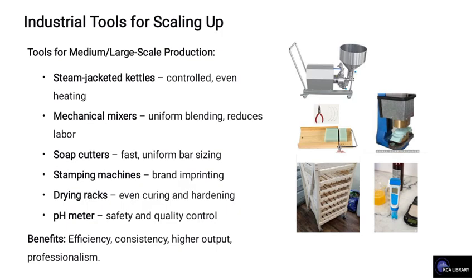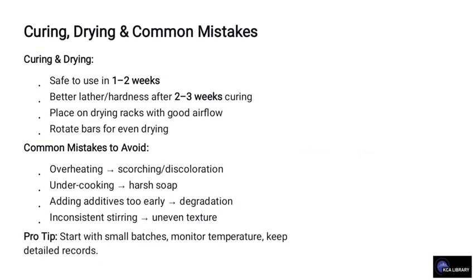There is a stamping machine for brand imprinting and drying racks for even curing and hardening. There's also the pH meter for safety and quality control. The benefit of all these tools is efficiency, consistency, and high output. Also, professionalism.